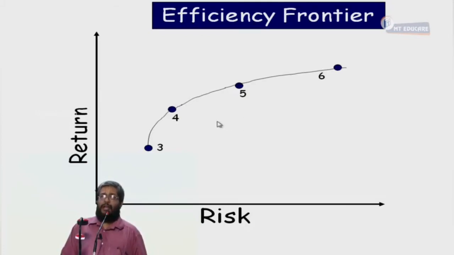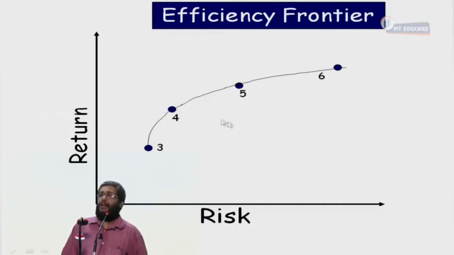For example, are you all able to see my arrow mark? Suppose there is a share Z, which gives a point here. That means for this risk, Z gives so much return. Tell me, is Z a good portfolio or a bad portfolio? Bad portfolio, because for this risk, this is giving you what?